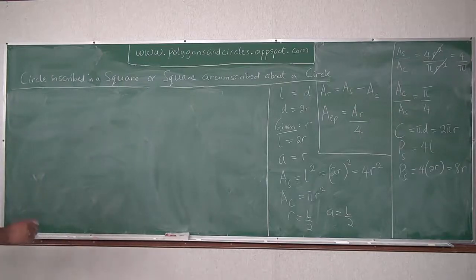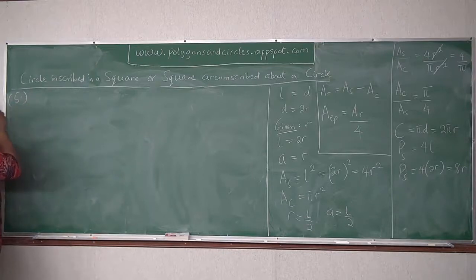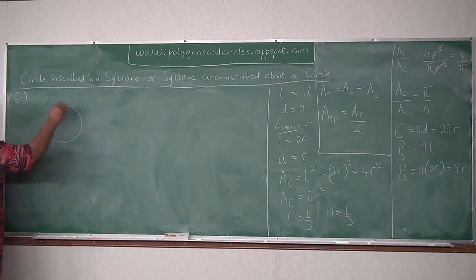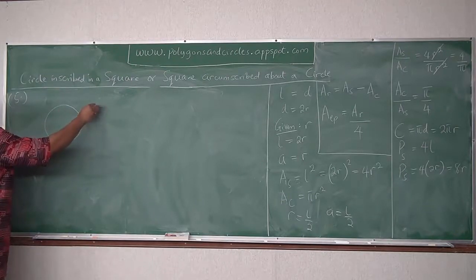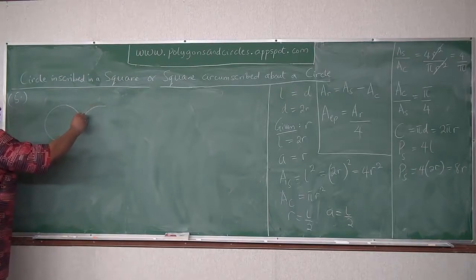So here we have 4 identical squares, okay? We have a square. I want to draw this right. Please don't laugh at me.